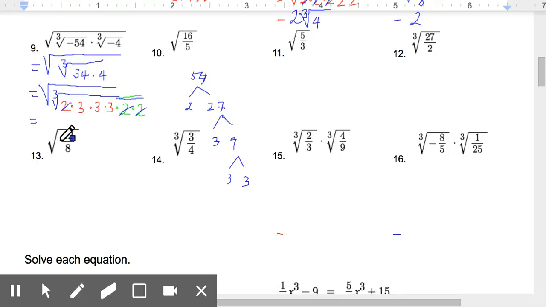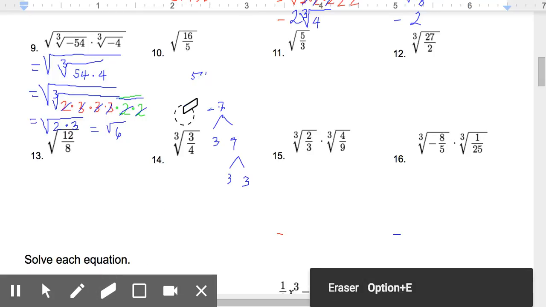The cube root of that is 2. So I'm going to copy the square root, and then I get the cube root of 2 times 2 times 2, which is 2, times the cube root of 3 times 3 times 3. 3 times 3 times 3 is 27, and the cube root of 27 is 3. So now we'll have the square root of 2 times 3, and that's going to be the square root of 6.